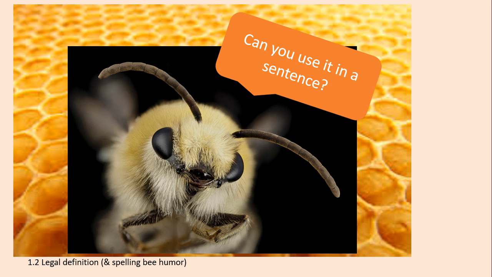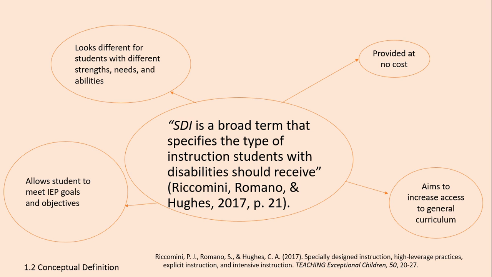We were given the legal definition. The next plan of attack for any stymied speller is to ask, can you use it in a sentence? The concept web here illustrates key ideas from the legal definition of specially designed instruction. SDI is a broad term that specifies the type of instruction students with disabilities should receive.